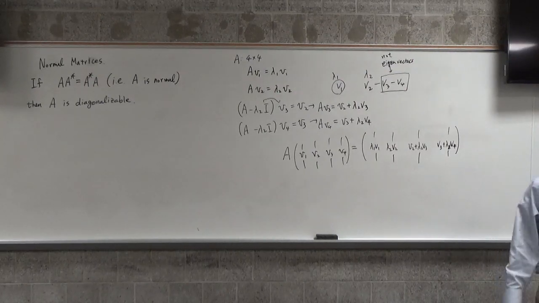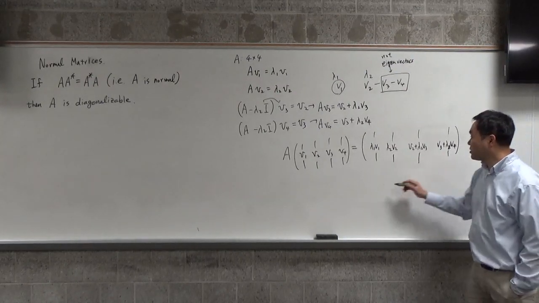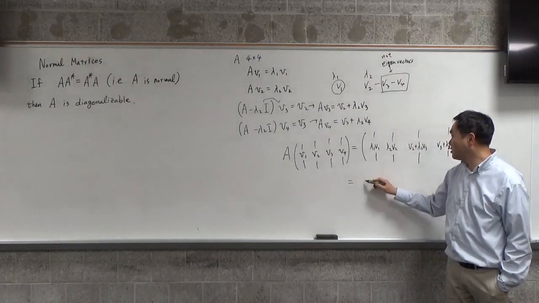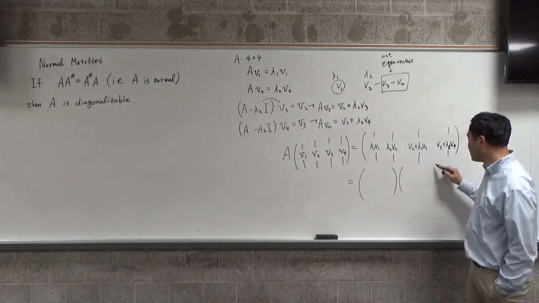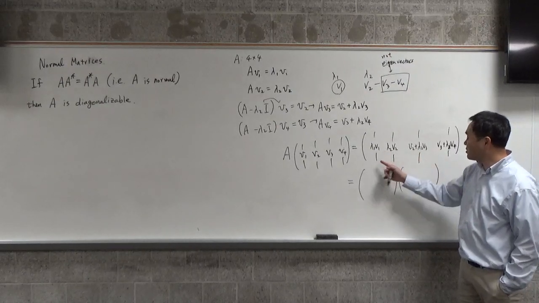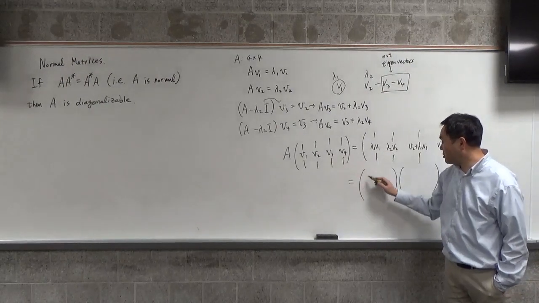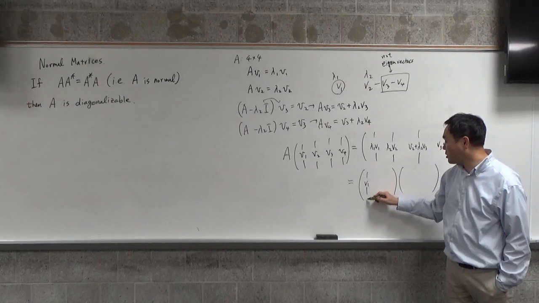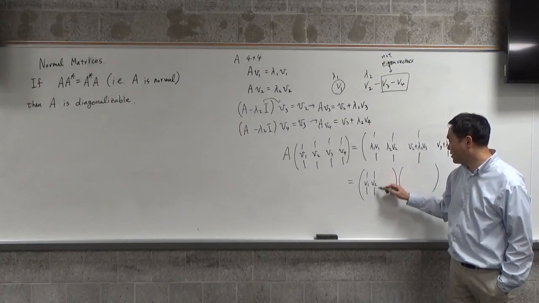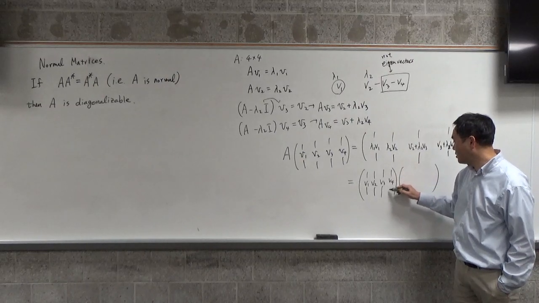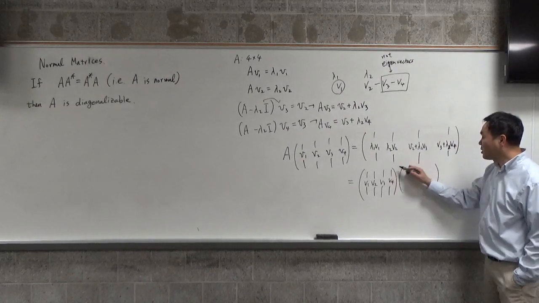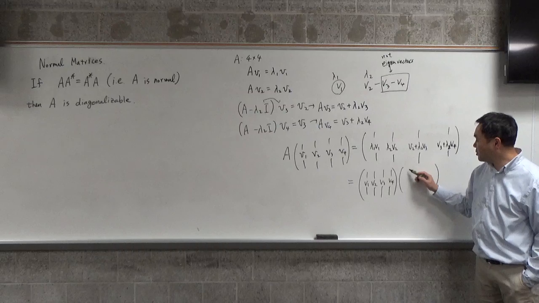Now the trick is to rewrite this as a product of two matrices. Make the first one the same thing, the matrix that we usually call P. This is a P matrix. And then think about what goes here.